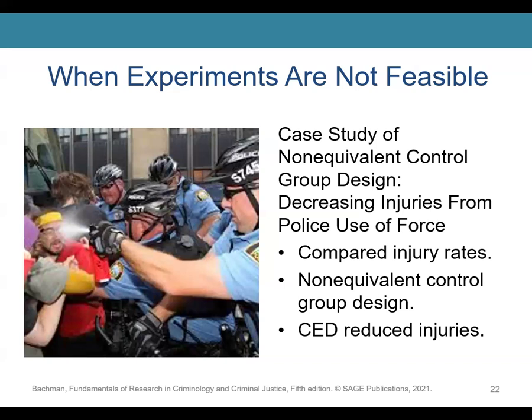That kind of goes into keeping the identities confidential. But what they did is an analysis that suggested that the availability of the CED to officers is a key factor in reducing injuries to the officers and suspects by the use of such practices.